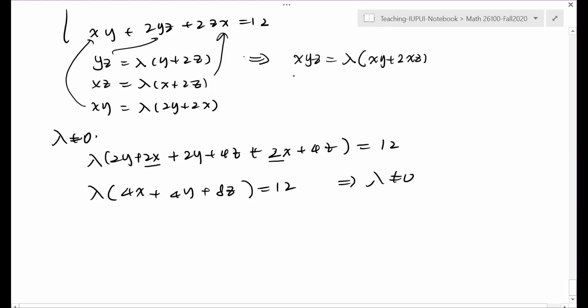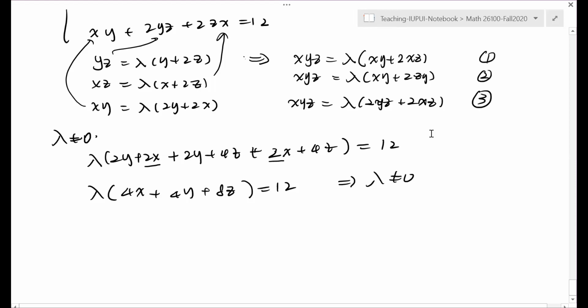Then I multiply the second equation by y, then xy plus 2zy. Then I multiply the third equation by z, and I get lambda times 2yz plus 2xz. Equation 1, equation 2, equation 3.